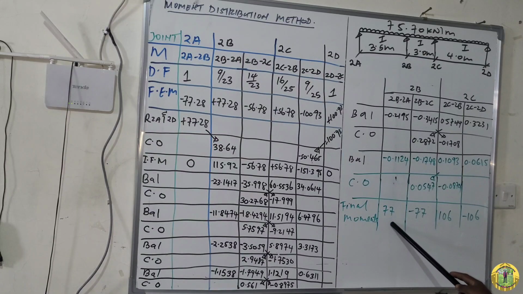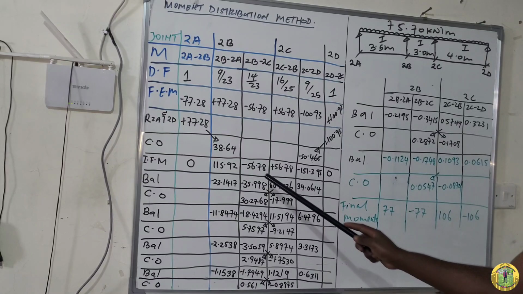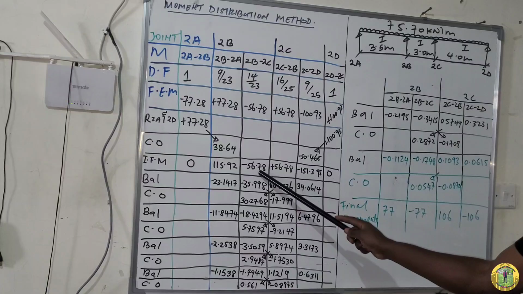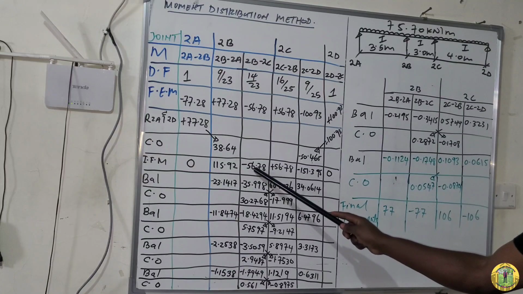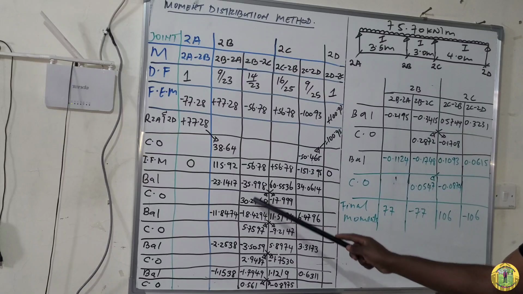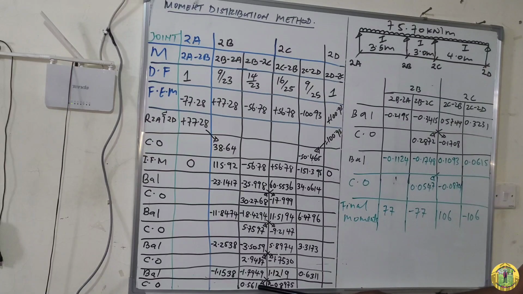I have rounded it to the whole number. Again, you come to 2B2C. From initial final moment, take negative 56.78, add negative 35.998, add the rest up to this point. Include this one, this one. You'll get negative 77.